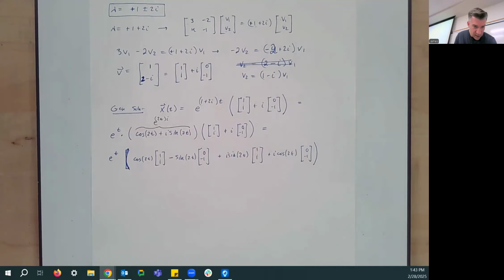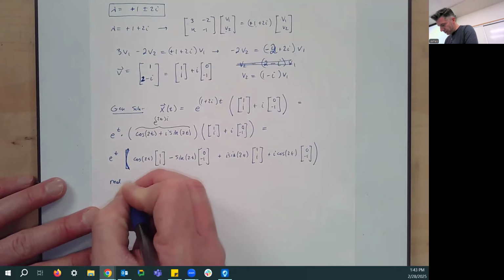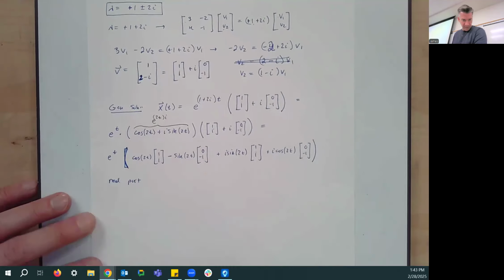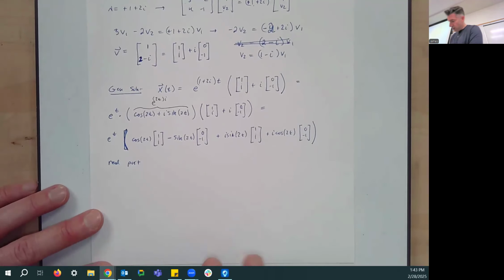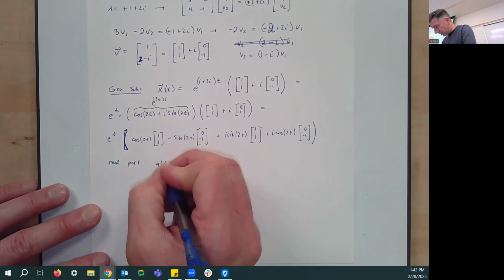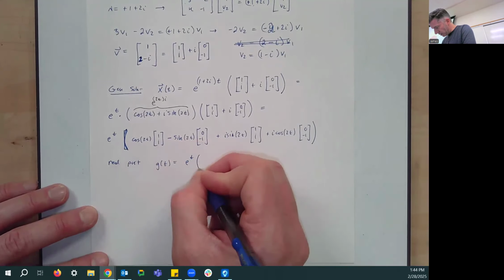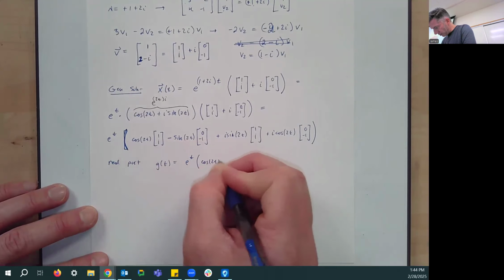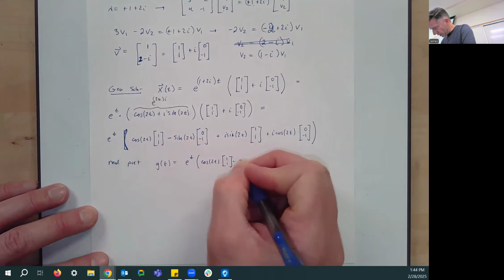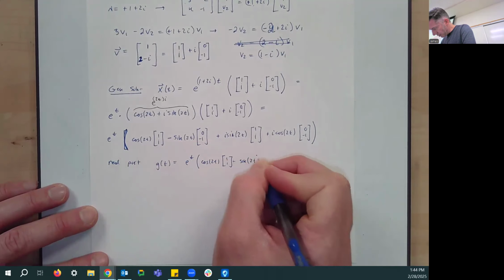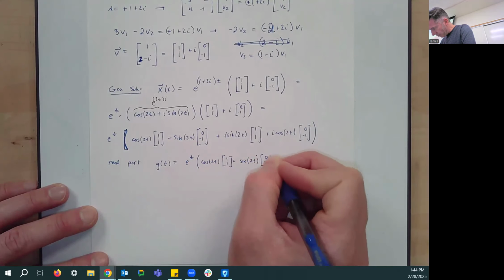And then we usually say, great, the real part. The real part is g of t equal to this first part here, e to the t times cosine of 2t times 1 minus sine of 2t times 0 -1.